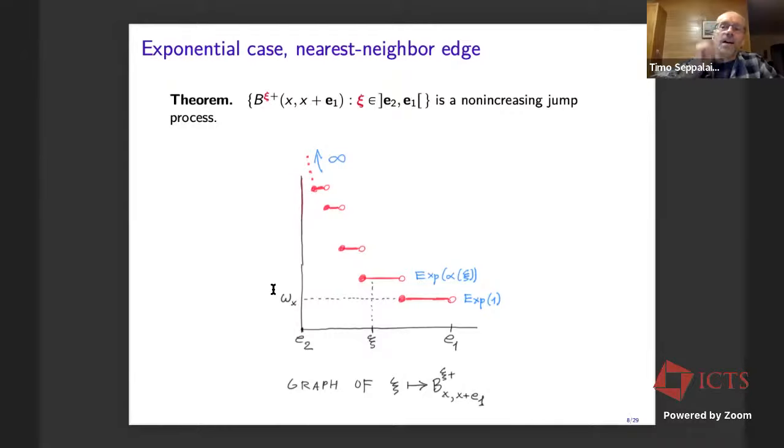Imagine your x and x plus e1 are sort of horizontally next to each other. Now, if you take a geodesic from those 2 points to a direction very close to e2, it might take a long time before those 2 geodesics coalesce. So this value b is actually the difference between 2 very large sums of weights.